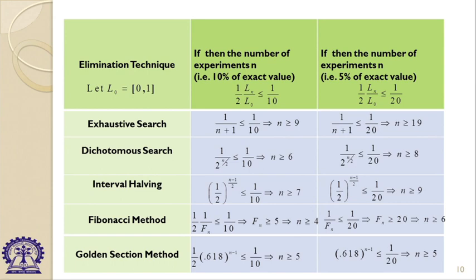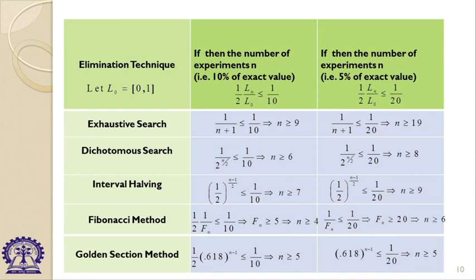Let us do another analysis. If we consider 10% accuracy, taking L naught as the initial interval of uncertainty, how many experiments do we need to do? If we consider 5% accuracy, what is the number of experiments?